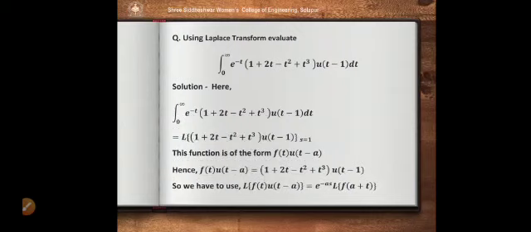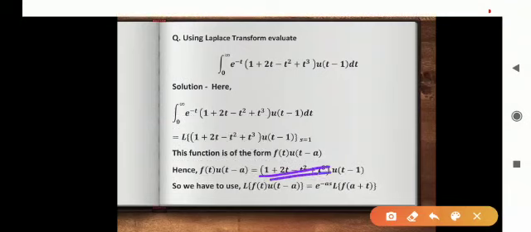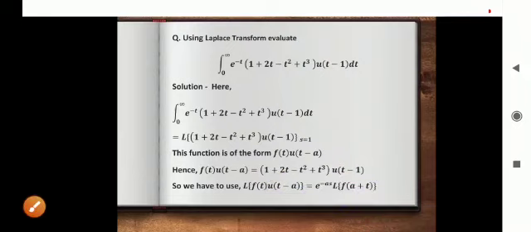Here f of t is this first bracket and a is 1, and here we have to apply the Laplace transform of f of t into u of t minus a result, e raised to minus as into Laplace of f of a plus t, and for this reason we should have this result first. So first we will find f of a plus t, that is f of 1 plus t, as here a is 1, and f of t is 1 plus 2t minus t square plus t cube.